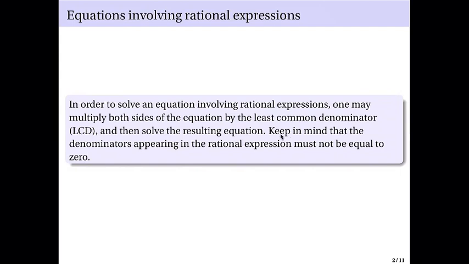Now, keep in mind that the denominators appearing in the rational expression must not be equal to 0. I mentioned before that if you have a rational expression, all of the possible values for which that rational expression is defined is called the domain of the rational expression.